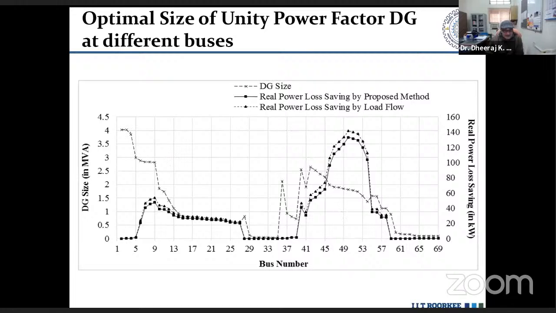So this is the DG size, and these two are actually power loss saving by developed expression as well as by load flow. So here we can identify that in this region we are able to get maximum power loss saving.